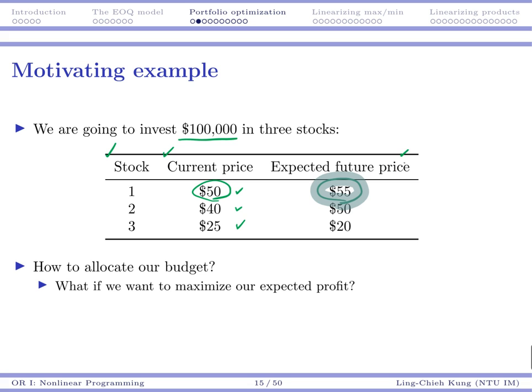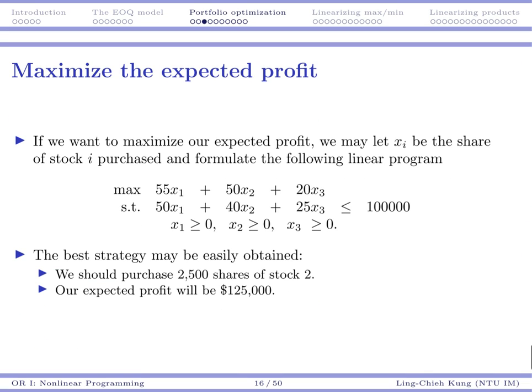So suppose that's the case, and I want to maximize my total amount of money for tomorrow in expectation. If I want to maximize my expected profit, how may we allocate my budget? That's the basic setting. Well, this setting is very simple.